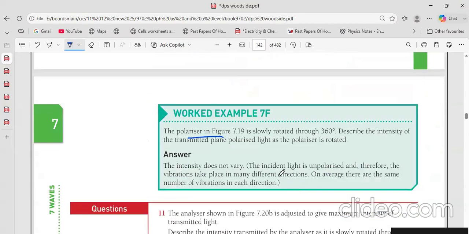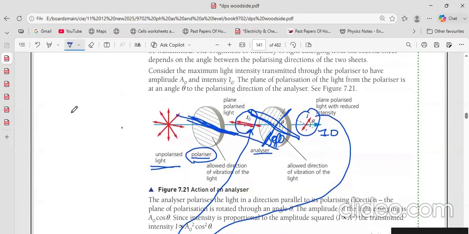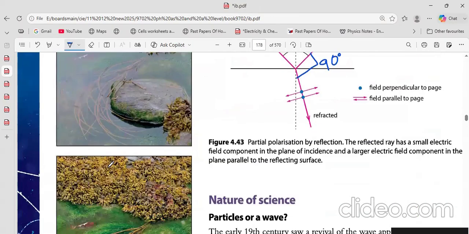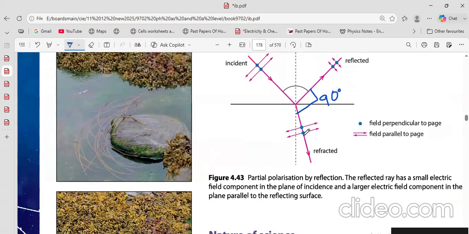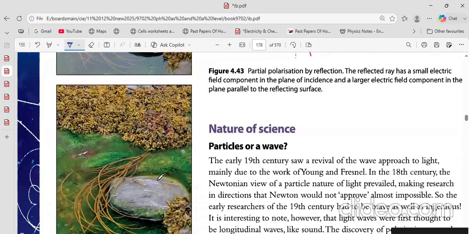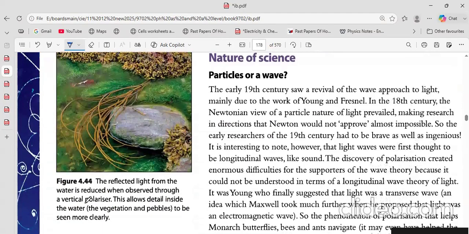Now, polarizing can be done by passing light through a polarizer. Polarizing can also be done if it hits the water. And if the angle between the reflected and the refracted ray is 90 degrees, then we get a very plane polarized light, and then you can see the details. The glare is reduced when observed, so this allows us to see the details.